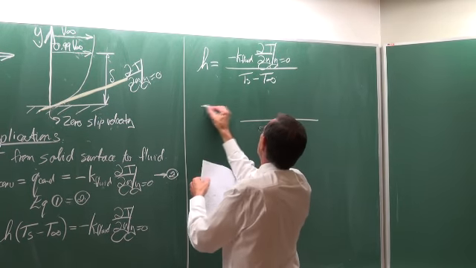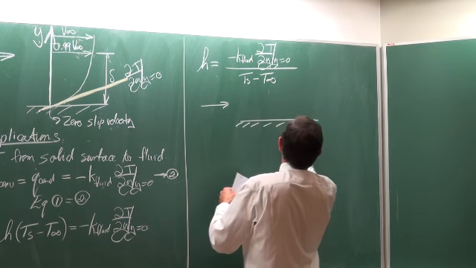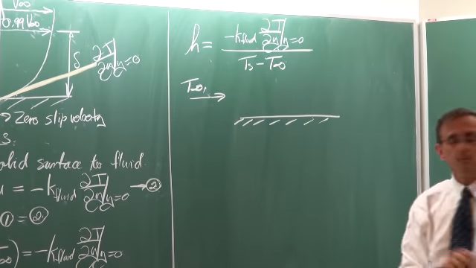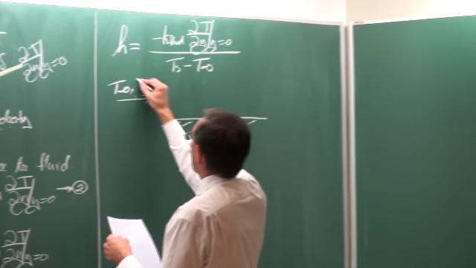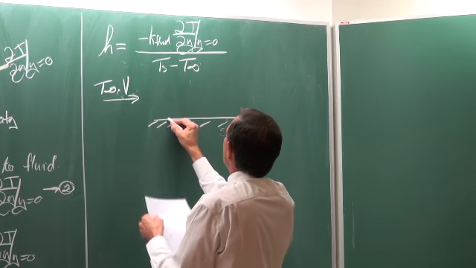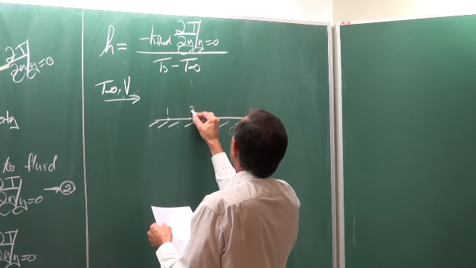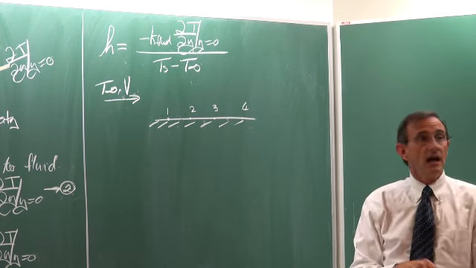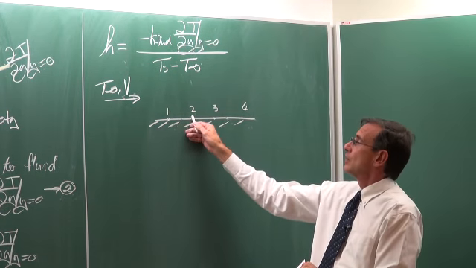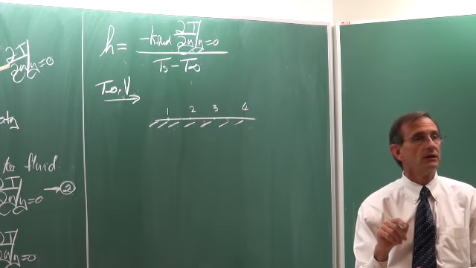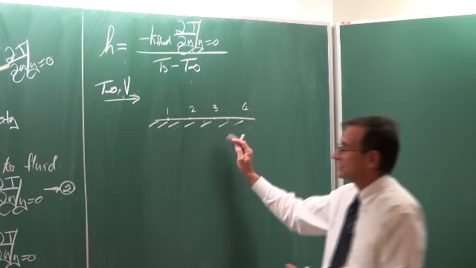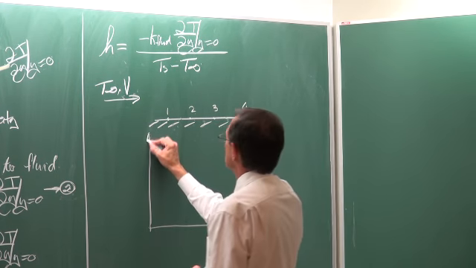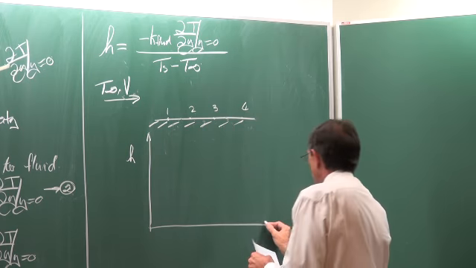If we look at the flat plate, with the free stream temperature and velocity, and we look at different positions, 1, 2, 3, and 4. Let's suppose you can go and do those measurements. How will they typically look? The heat transfer coefficient as a function of x.